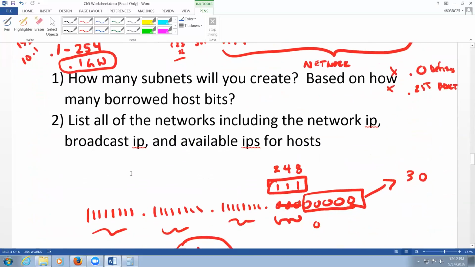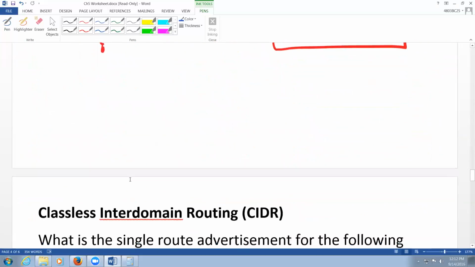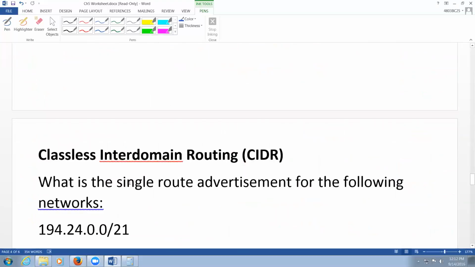A couple of networks. Okay. So I want everybody now to do ipconfig on your host machine.